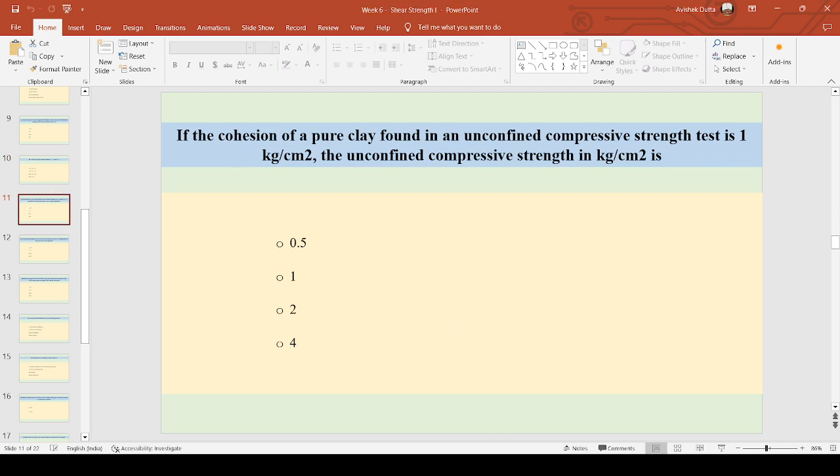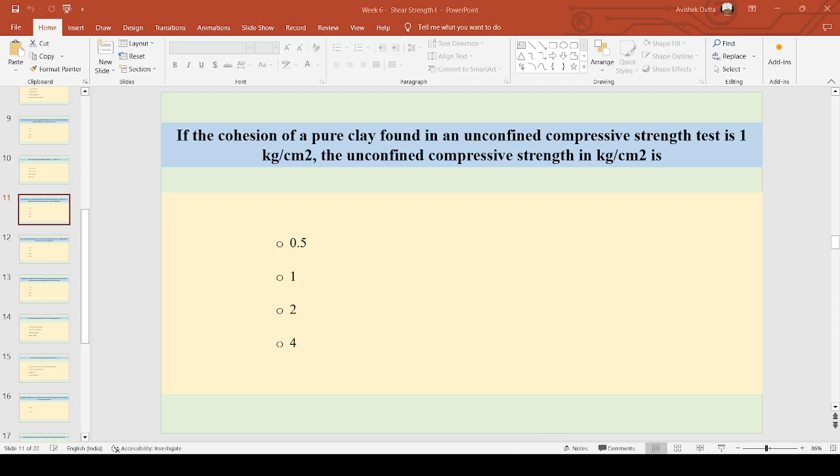If the cohesion of a pure clay found in an unconfined compressive strength test is 1 kg per centimeter square, the unconfined compressive strength in kg per centimeter square is. In this case, the cohesion value is given, that is 1 kg per centimeter square.